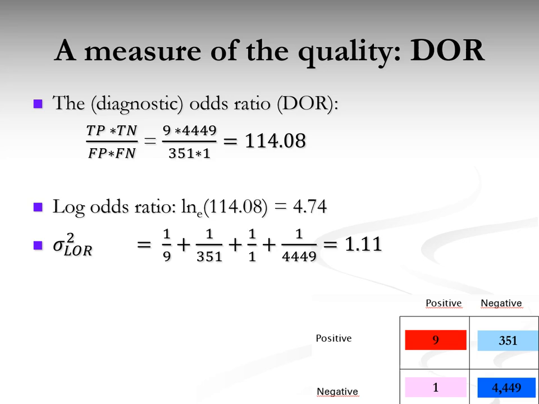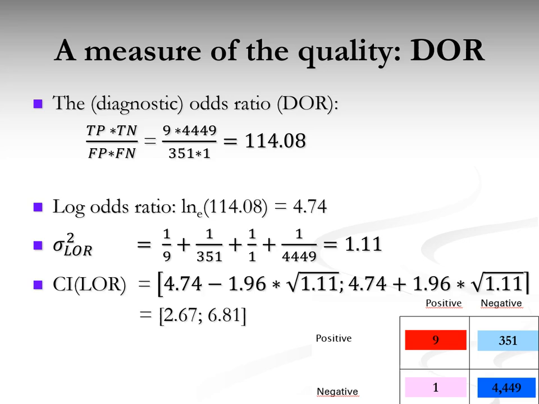We can use that sampling variance to calculate a confidence interval around the log odds ratio. The sampling distribution of the log odds ratio is more or less a normal distribution. So we can calculate the 95% confidence interval by taking the estimate of the log odds ratio and subtracting or adding 1.96 times the square root of the sampling variance.